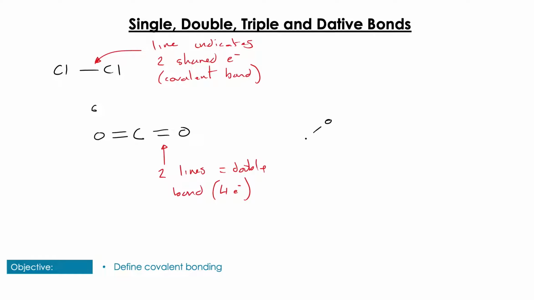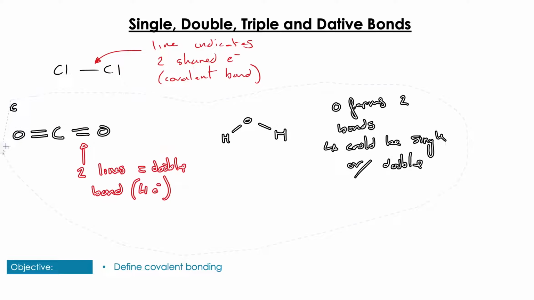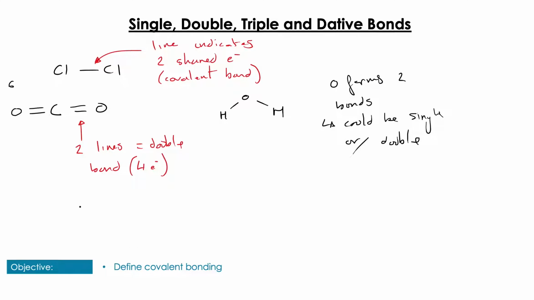However, oxygen can also form 2 single bonds. As we said, it has 6 electrons in its outer shell and so has 2 gaps. So it forms 2 bonds, but they could be in a single configuration or in a double bond configuration. As I said before, carbon can have 4 gaps and so make 4 bonds.